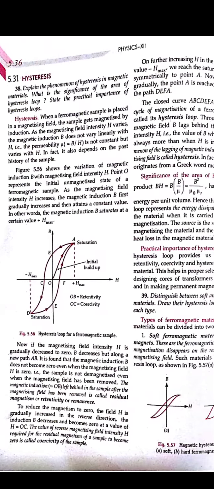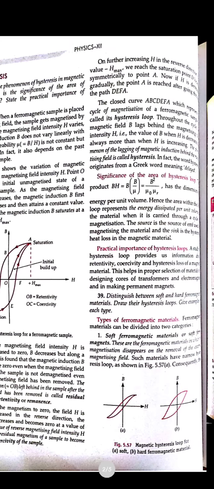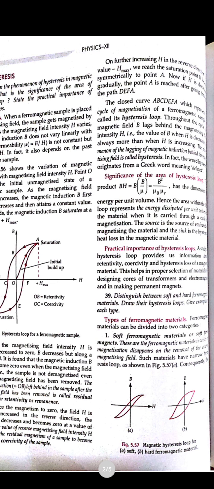Now we will be talking about the types of ferromagnetic materials. We know that ferromagnetic materials are strongly attracted by a magnet in the direction of the magnetic field. Here we are talking about soft iron and hard ferromagnetic substances, or hard ferromagnets. Both are ferromagnetic materials, right?